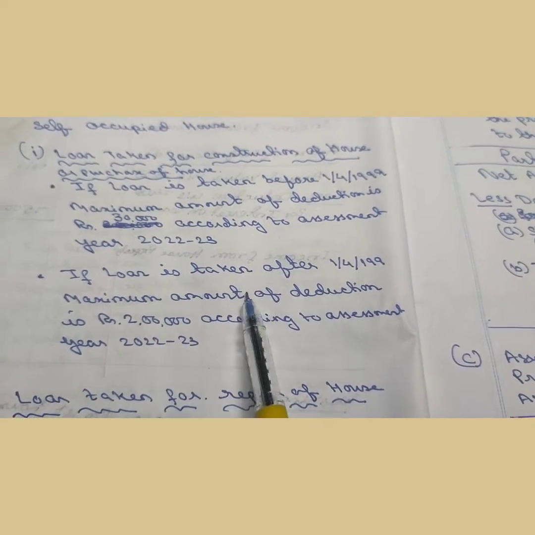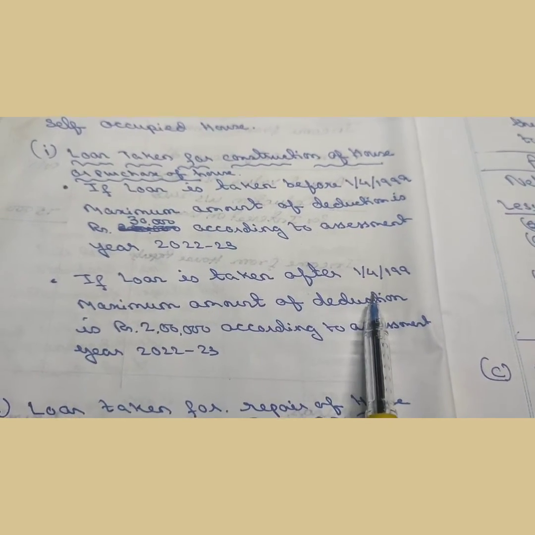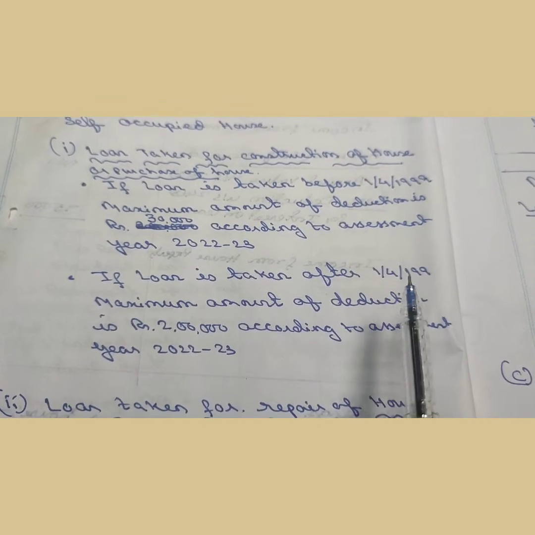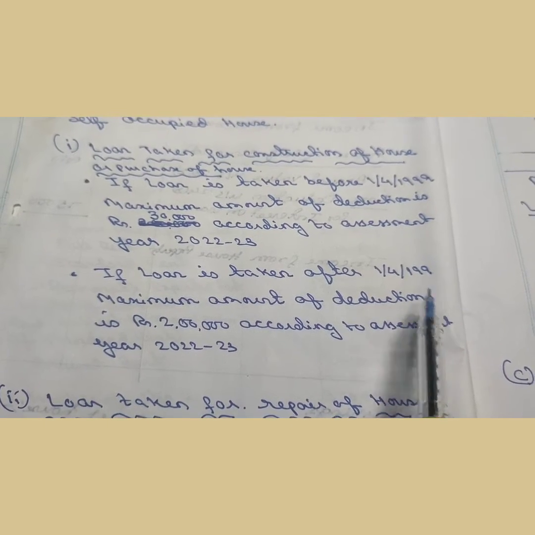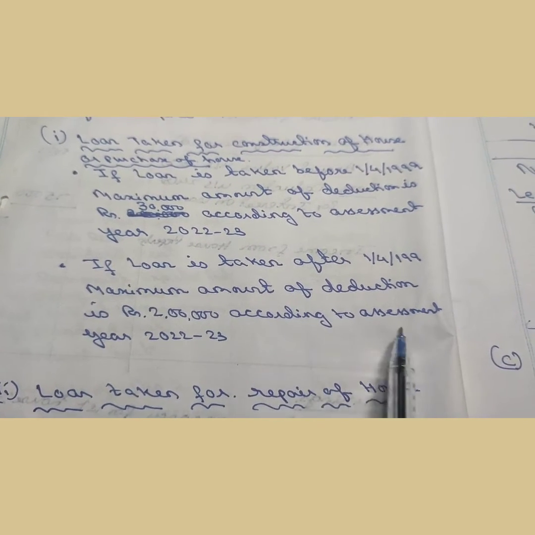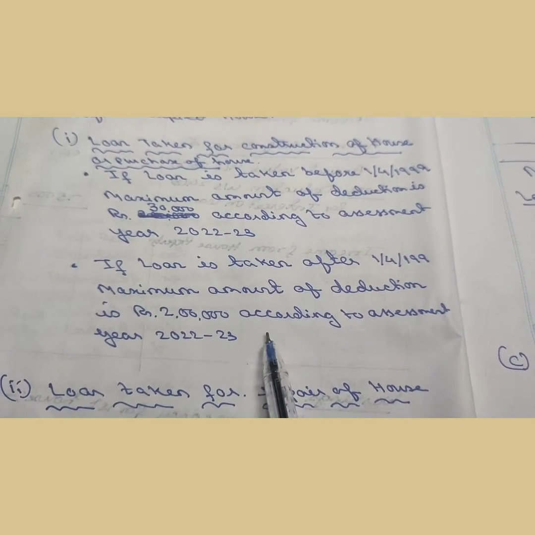But if the loan is taken after 1/4/99, that means any date which is after 1/4/99, in that case the maximum amount of deduction is rupees 2 lakh according to the assessment year 2022-23.